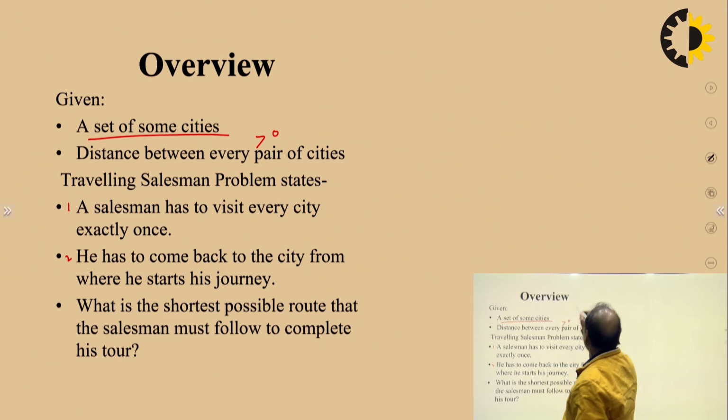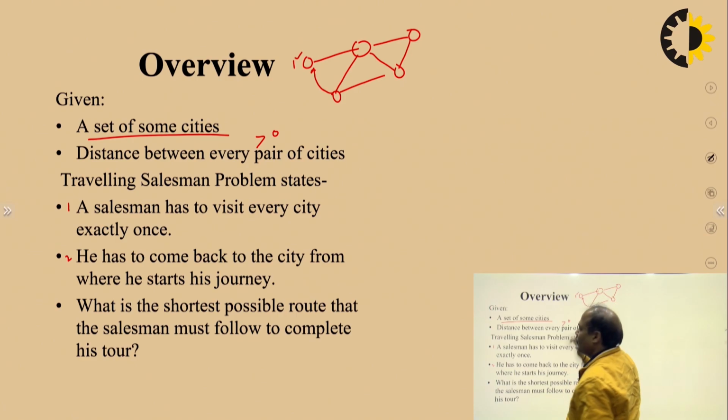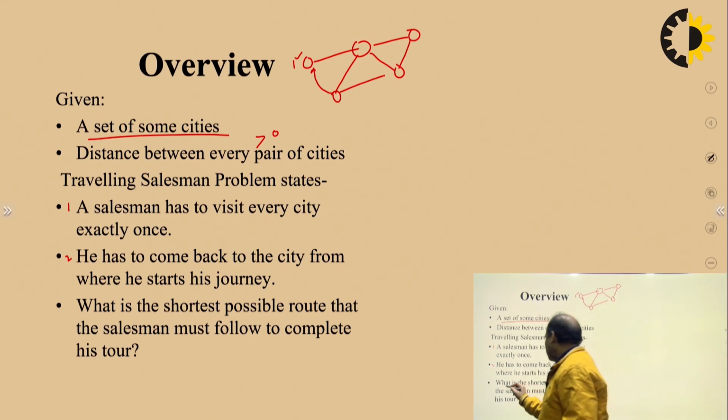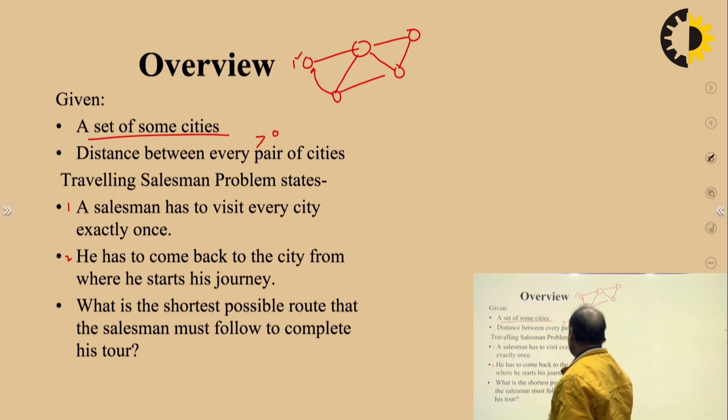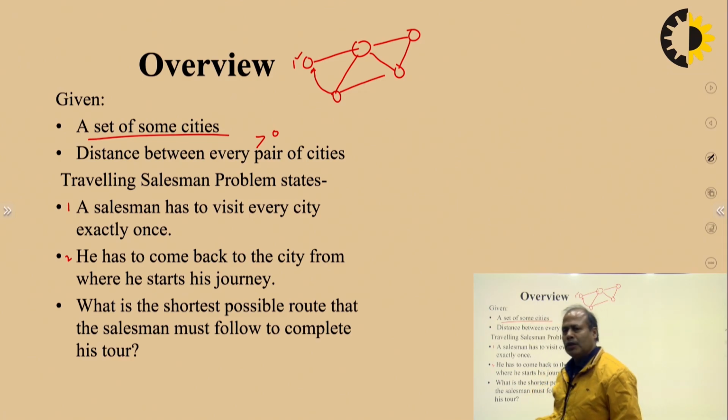Suppose a salesperson starts from city number one, going through multiple cities, all of them interconnected, but ultimately he has to come back to where he started. So the question is: what is the shortest possible route that the salesman must follow to complete his tour? That is the objective of the problem.